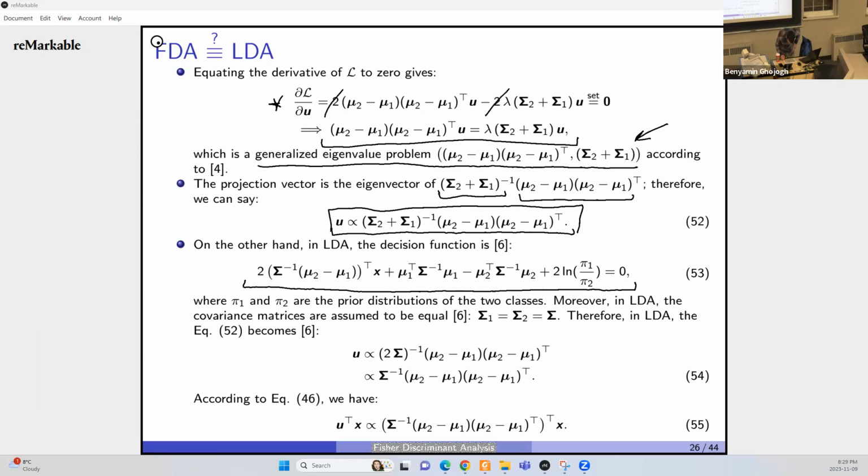Pi 1 and pi 2 are the prior distributions of the two classes. Sigma is the covariance, the total covariance. Do you remember in LDA we assumed that sigma 1 equals sigma 2 equals sigma? The covariance matrices are equal to each other, right? Now, let me think.